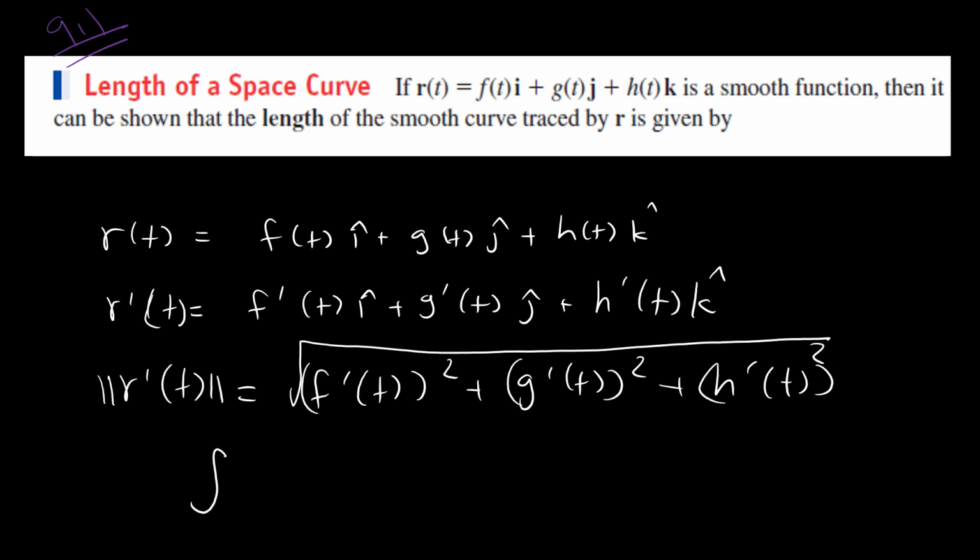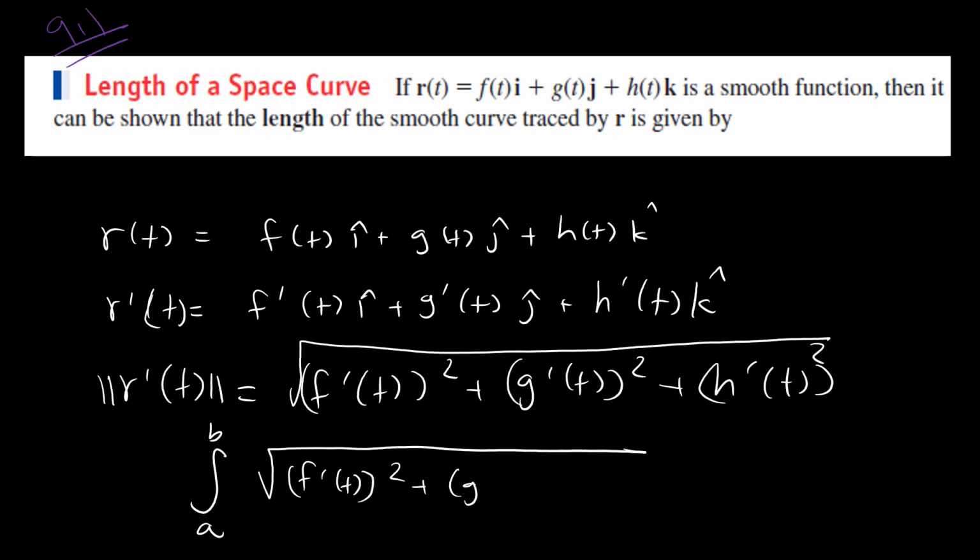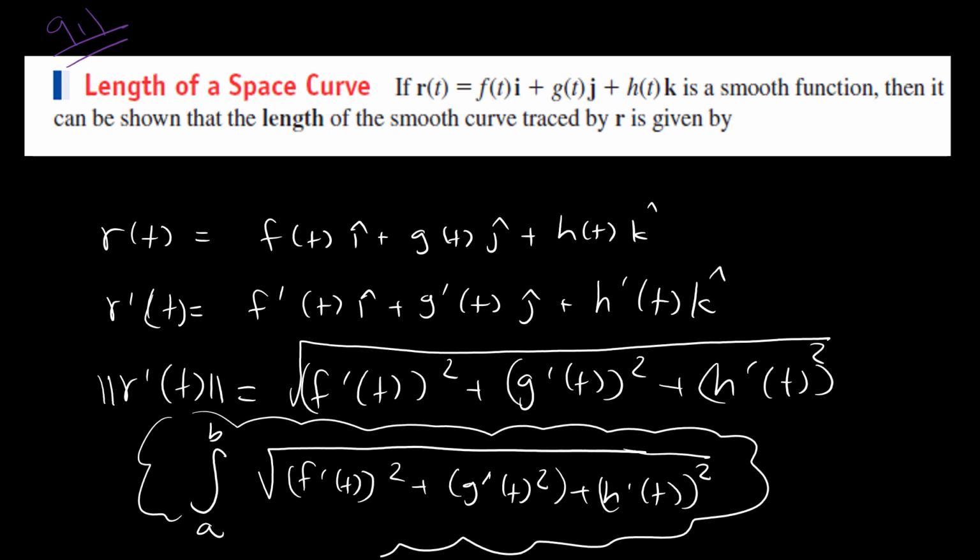So you integrate from a to b, the interval that you're given, with respect to t. So: take the derivative first, then take the magnitude by squaring each component and square rooting the whole thing, and after that take the integral. This gives us the arc length.